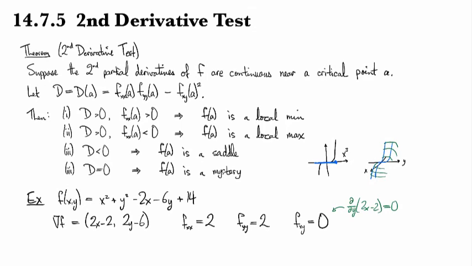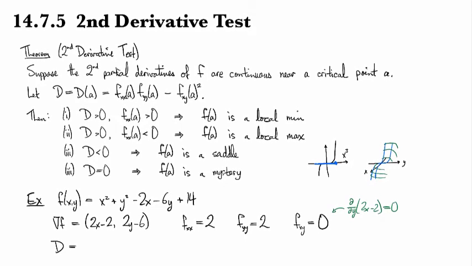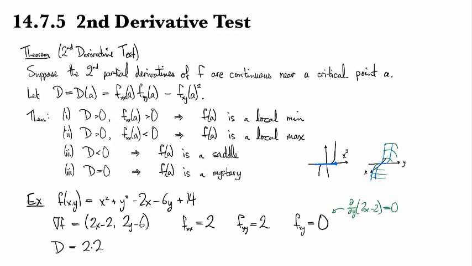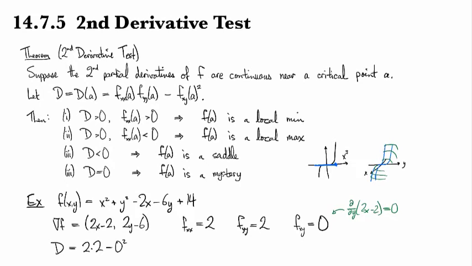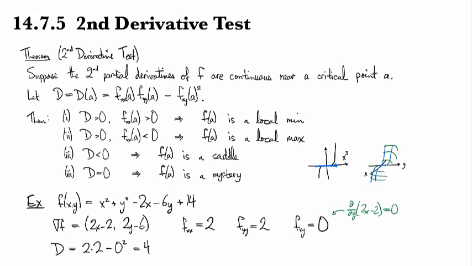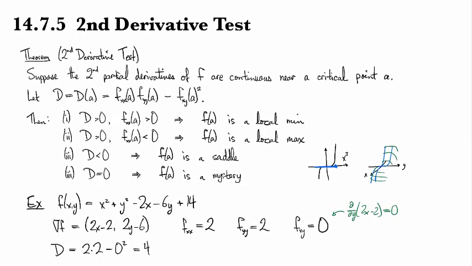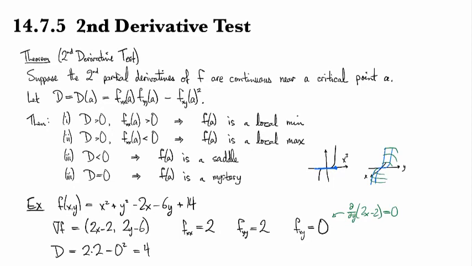Then our D is going to be 2 times 2 minus 0 squared, which is just going to be 4. In general, D would be a function of x and y. In this case, since I took a quadratic polynomial and then took two derivatives, I end up with just a constant.